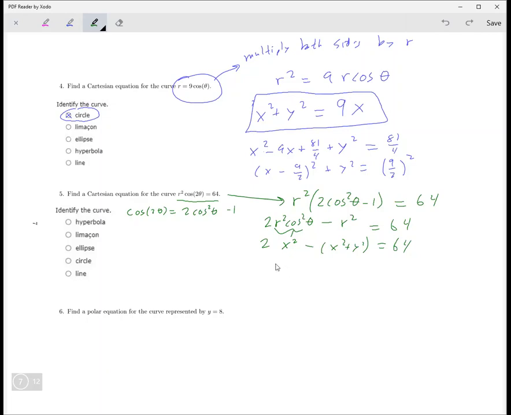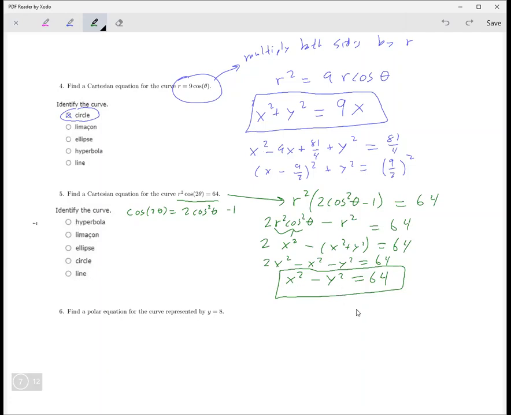So you get that. And if you distribute the negative, then you have 2x squared minus x squared minus y squared equals 64. So x squared minus y squared equals 64. That would be the answer to the first part for number 5.